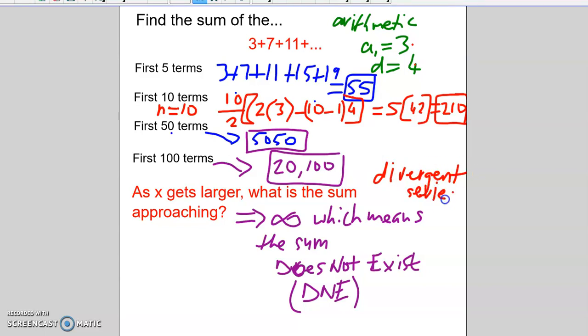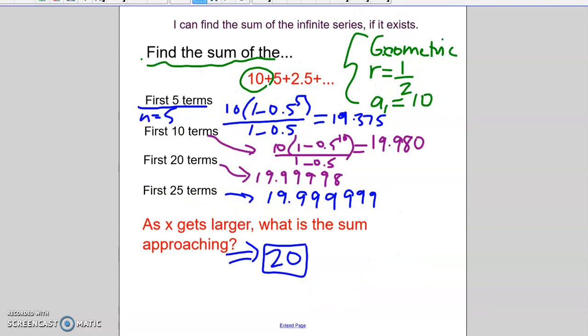And that comes from the fact that the series gets away from you. You can't really put a handle on what the actual sum is. Let's call that divergent series. The other one that we saw, where it actually tended towards a specific number, is called a convergent series. So this is a convergent series.